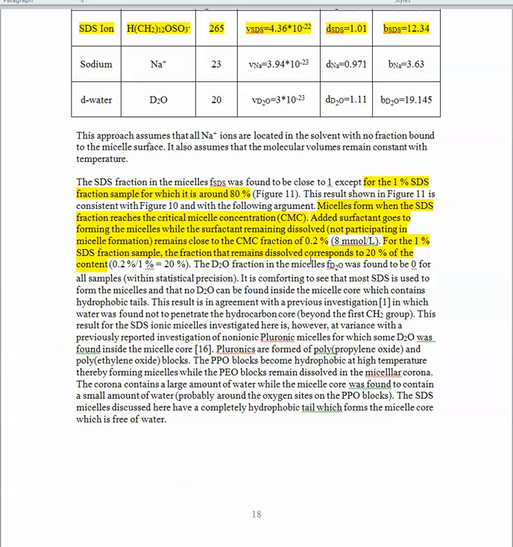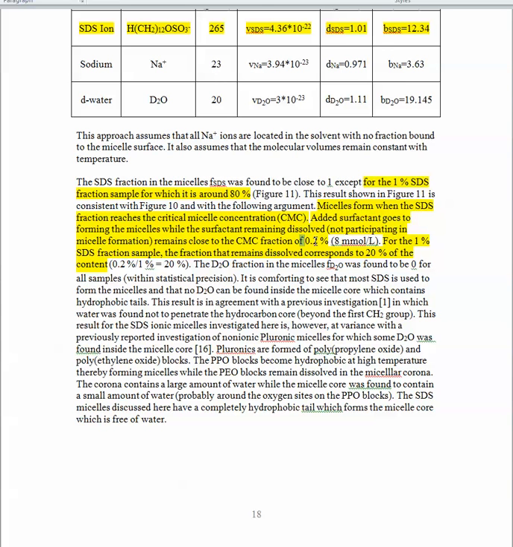Just a reminder about the definition of the CMC, critical micelle concentration. So micelles form when the SDS fraction reaches this CMC. Added surfactant goes to forming the micelles, while the surfactant remaining dissolved doesn't participate in micelle formation, remains close to the CMC. In this case, for SDS in water, it's around 0.2%.